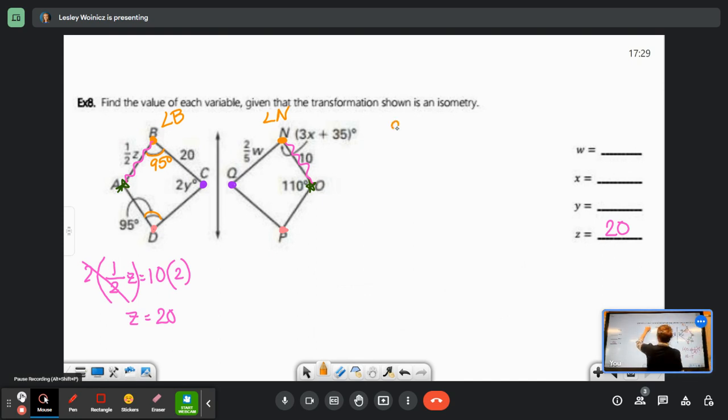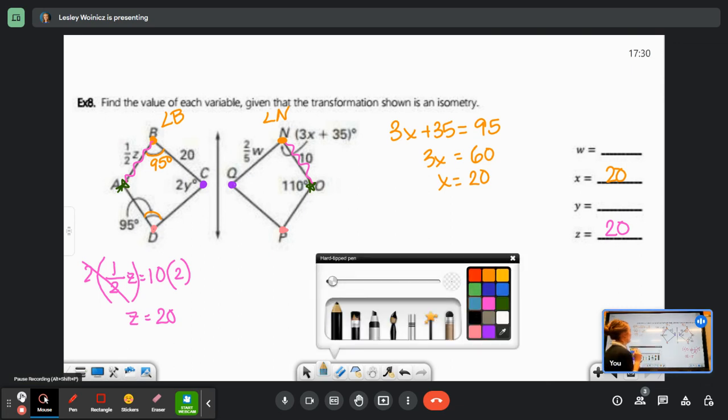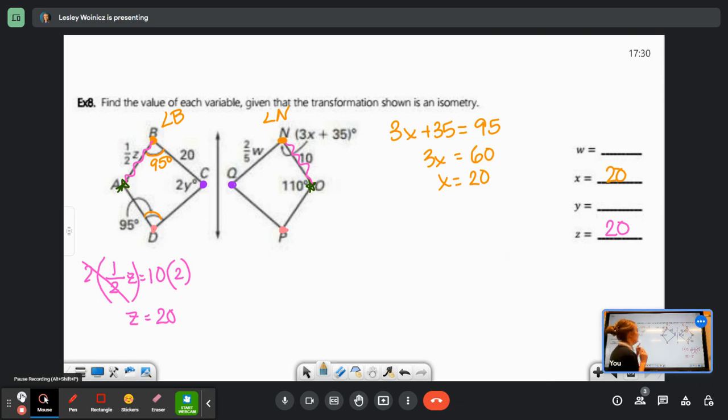So 3x plus 35 must equal 95. Subtract 35 from both sides, I get 3x equals 60. Divide both sides by 3, I get x is 20. Oh, if these are all 20, crying out loud. All right, next.